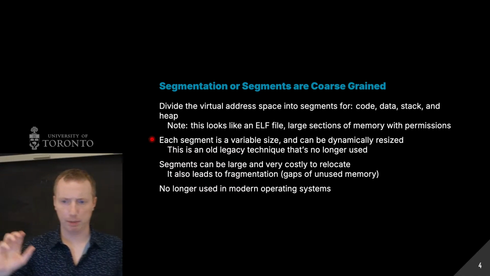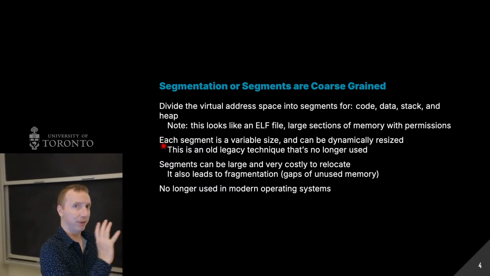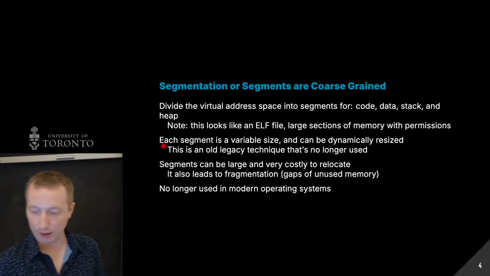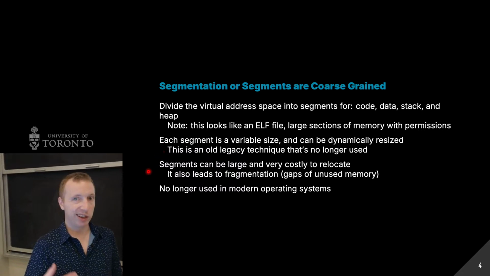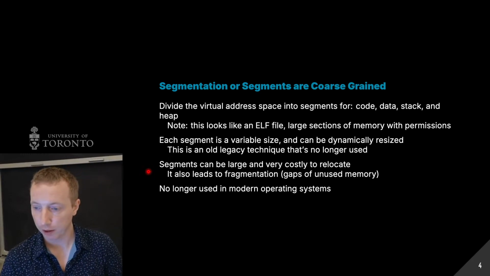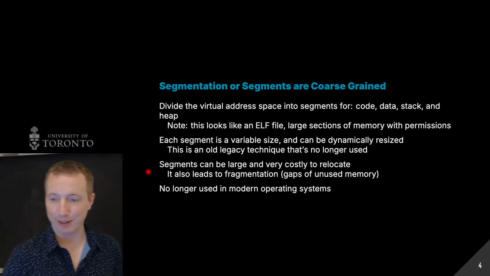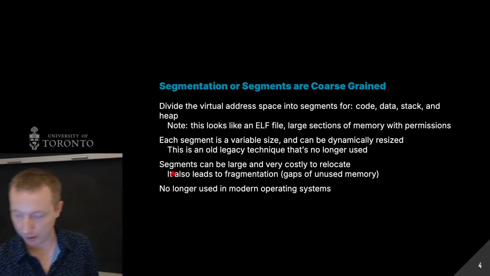You can dynamically resize it if you want, but it gets very complicated if you want to share memory between processes, which is something the operating system really wants to do for speed reasons. So it's not typically used anymore. Segments can be really large and costly to reallocate, and you might have fragmentation, large gaps of memory.